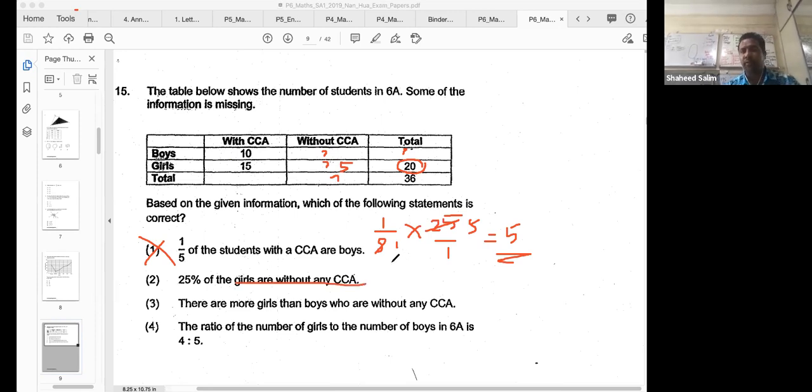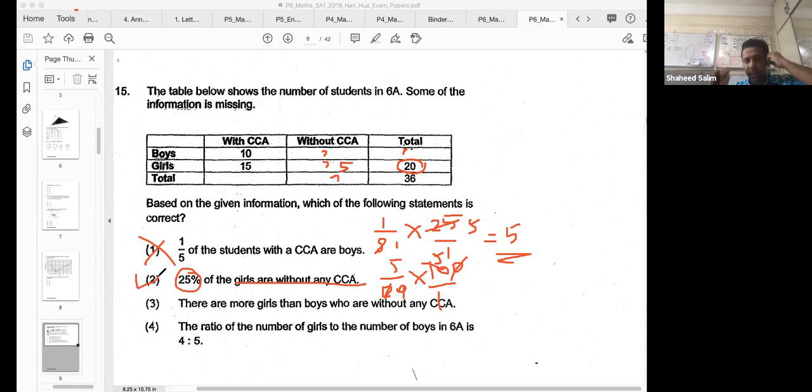What's the percentage? 5 over total 20 times 100. The number of girls without the CCA over total number of girls times 100. Divide by 2, you get 5. Divide by 2, you get 1. 5 times 5, 25. This is the correct answer.